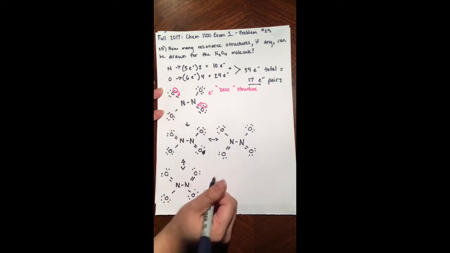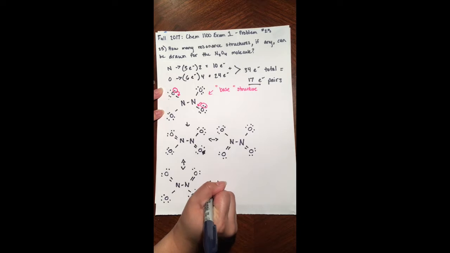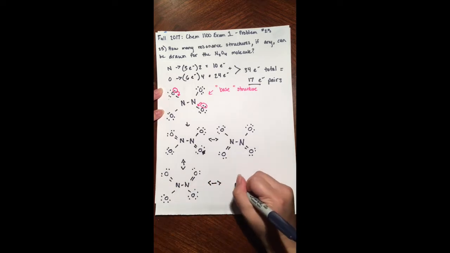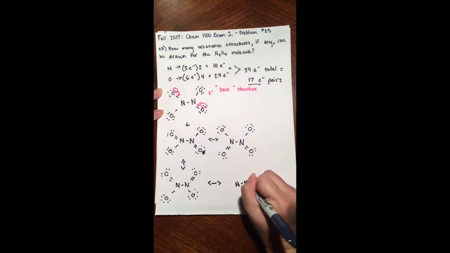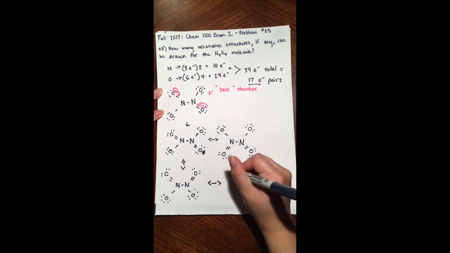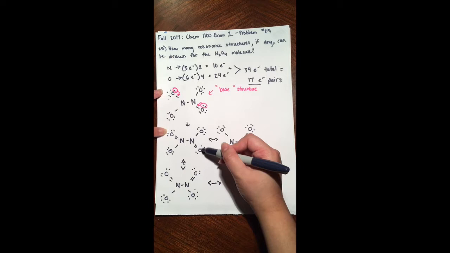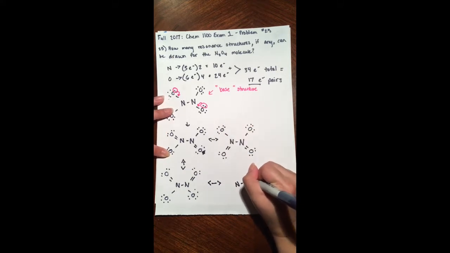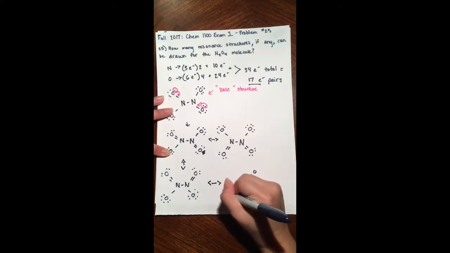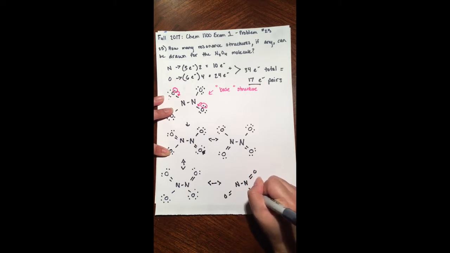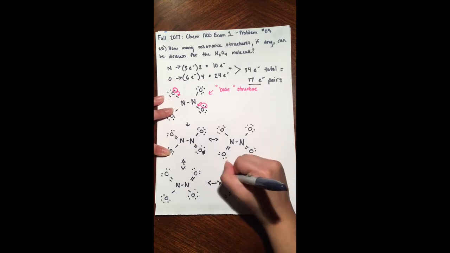And then there's one more combination that we haven't done yet, and that's when these double bonds move from these two oxygens to these two oxygens. So now we're going to have these oxygens double bonded and these ones single bonded.